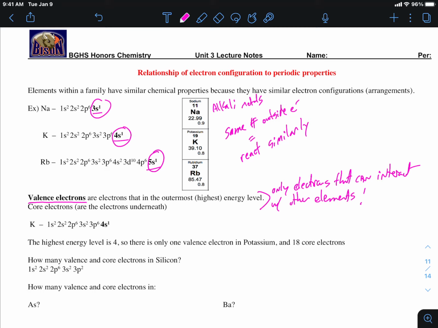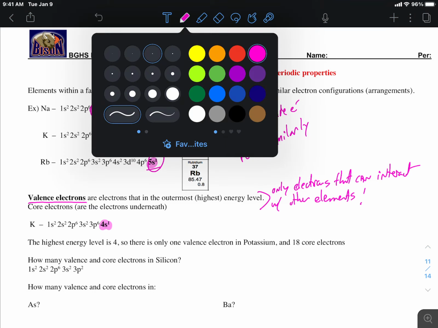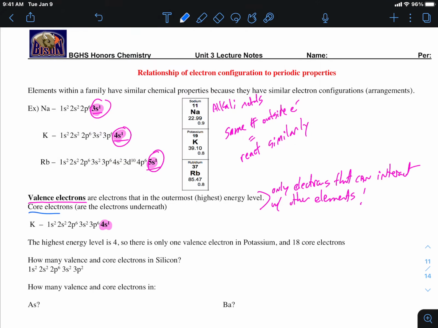So, those are called valence electrons, let's highlight them with pink. The other term you need to know is core electrons. Core electrons are the rest of the electrons that are underneath.